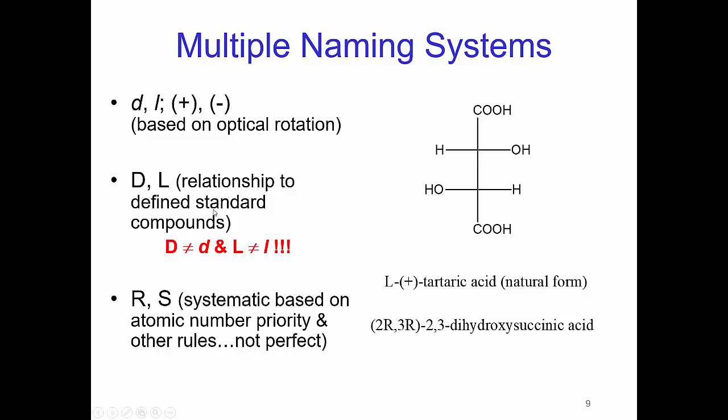And rather than having to go through the arduous process back in the day of figuring out what was the actual relationship of all of these atoms to one another in terms of the two possible mirror images, which before the days of crystal structures was a lot more work, we could just simply say, well, if we can interconvert chemically our compound into something that we know the stereochemistry of, or we convert it into something that has the opposite stereochemistry of a compound that we know, we can define the chirality of that compound, right?